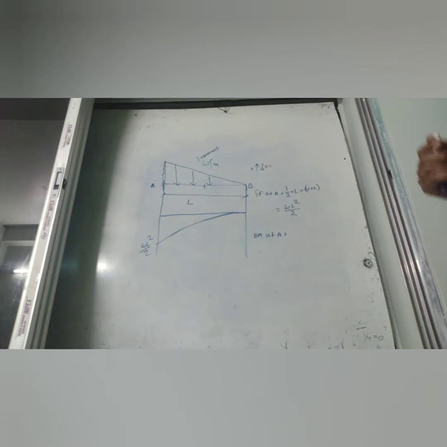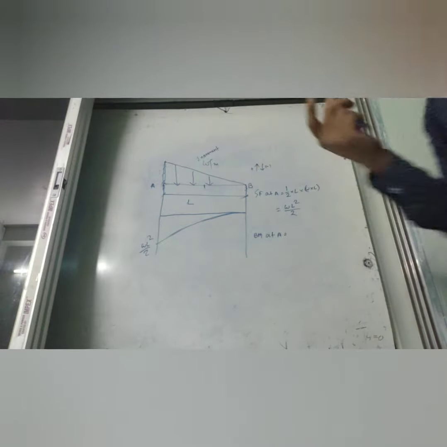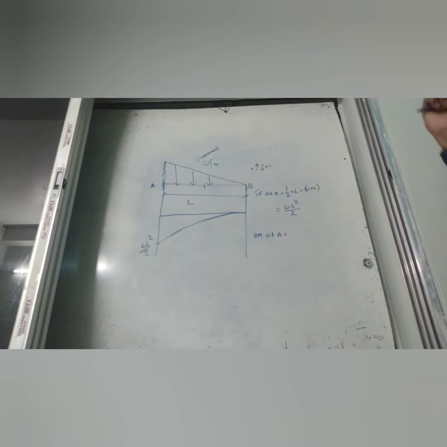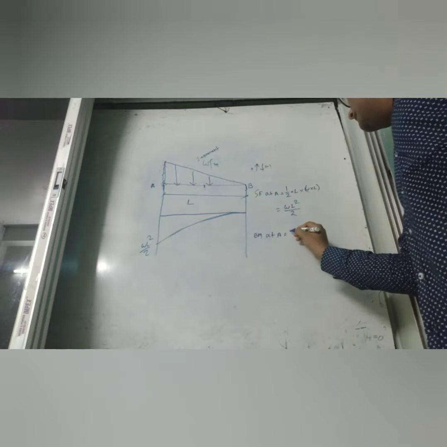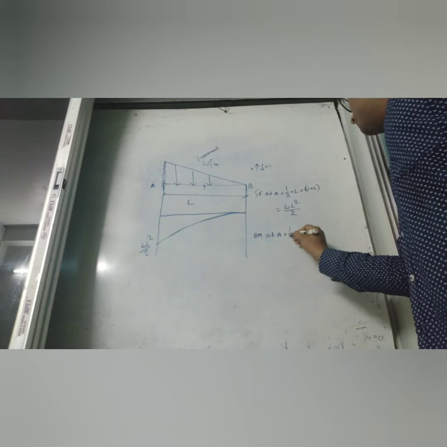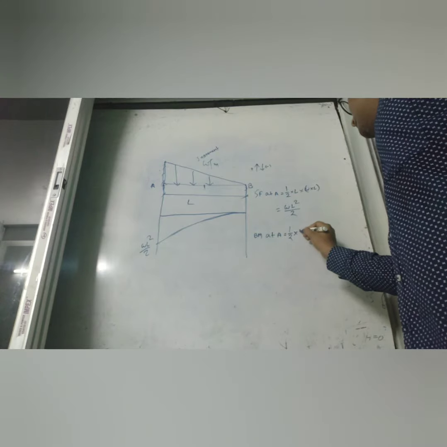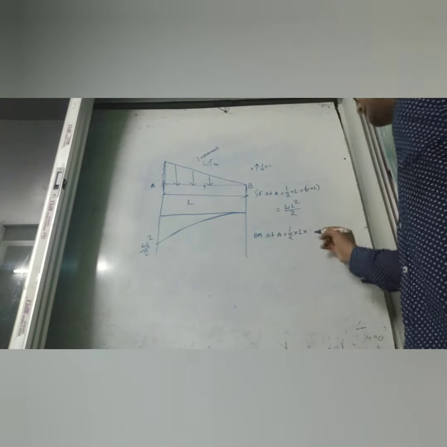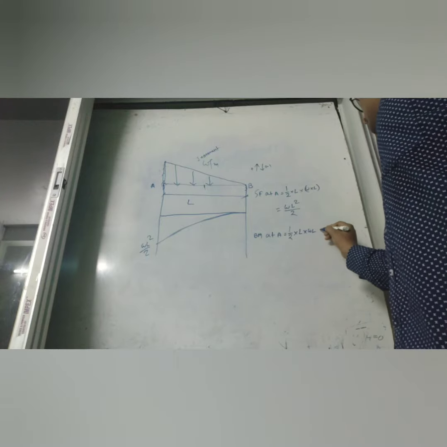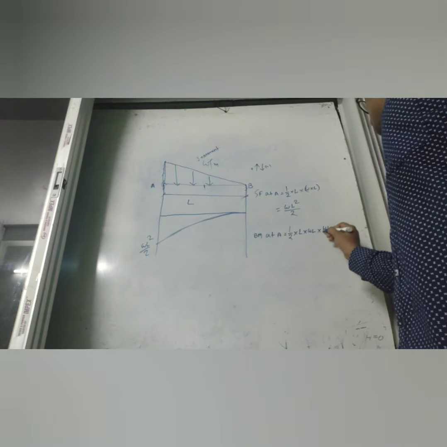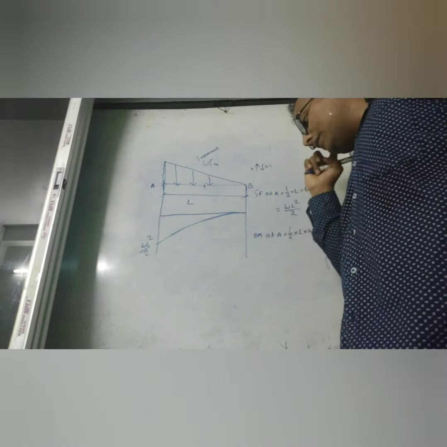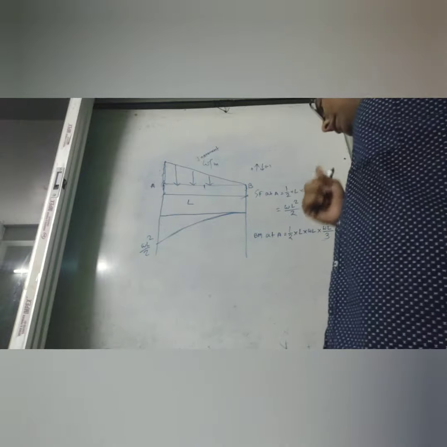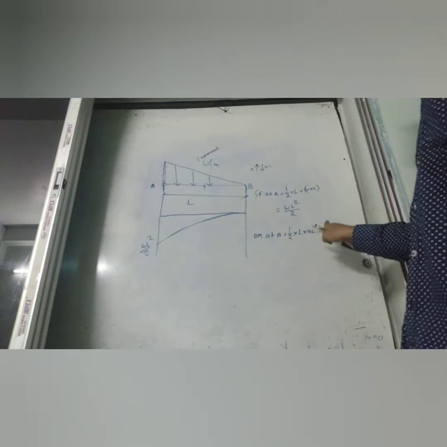Last day we told that in case of UDL, the portion where the UDL is applicable will go for half of that. So half means if we take the total length, then there is half into base into total length, WL, into, it will act at one third, L by 3, sorry.